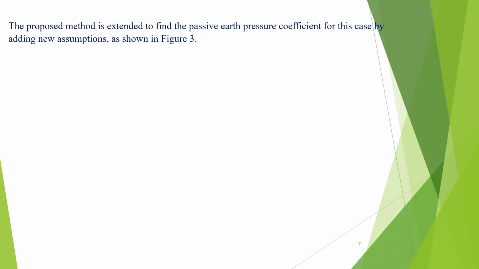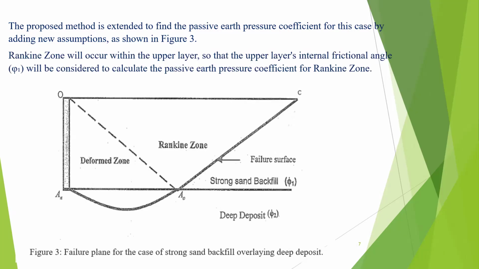The proposed method is extended to find the passive earth pressure coefficient for this case by adding new assumptions, as shown in figure 3. The Rankine zone will occur within the upper layer, so the upper layer's internal friction angle phi 1 will be considered to calculate the passive earth pressure coefficient for the Rankine zone.